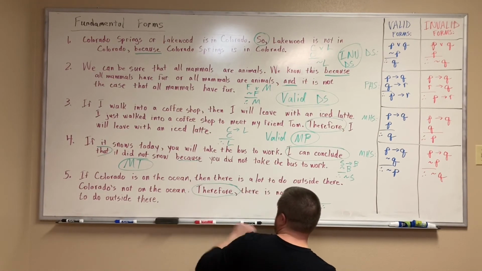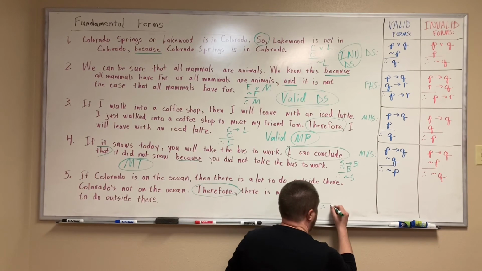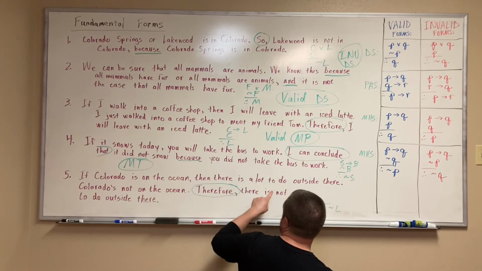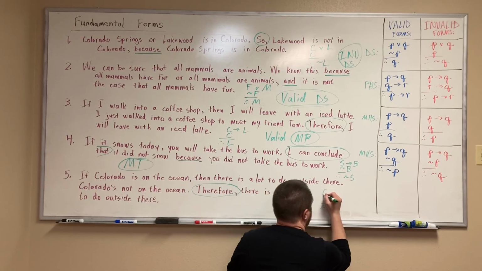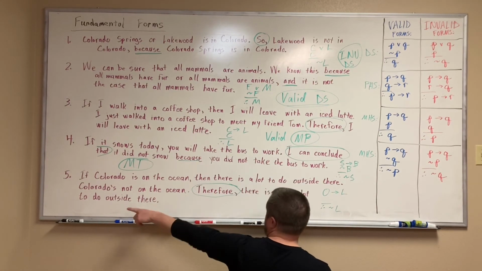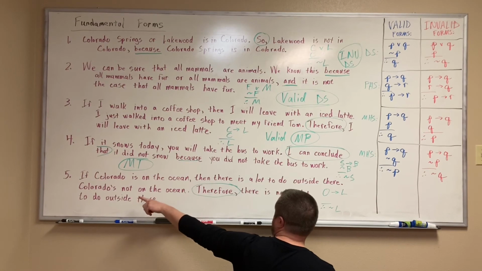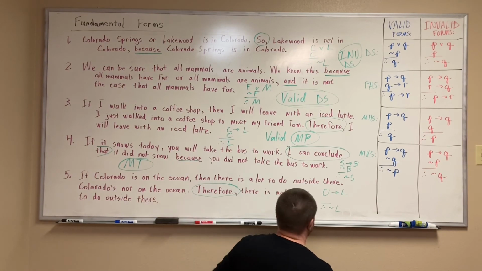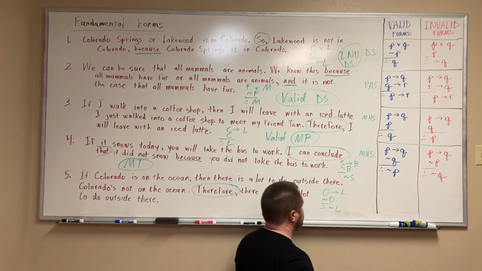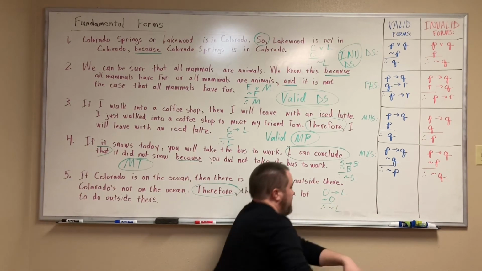There's not a lot to do outside there. Let's just say L, not L. If Colorado is on the ocean, then there's a lot to do outside there. If O, then L. And then finally, our second premise is going to be Colorado's not on the ocean. So not O.